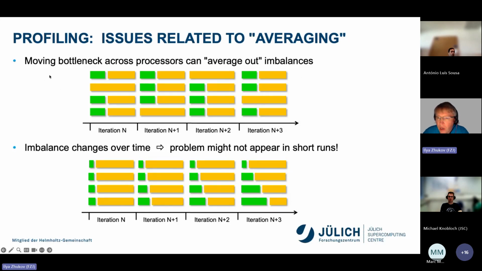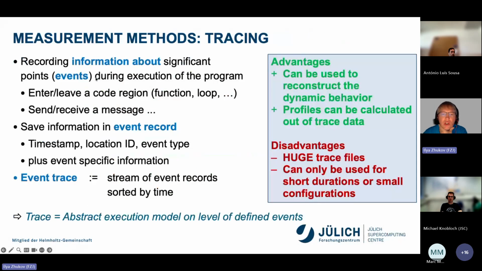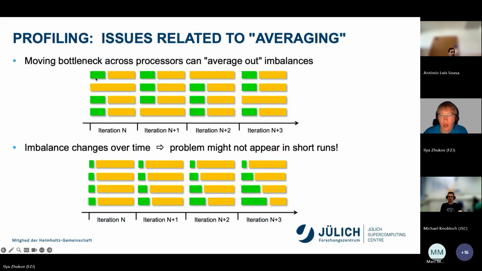Time goes from left to right, and we have multiple iterations. This is iteration n plus 1, n plus 2, n plus 3. And inside of each iteration, we have two different, let's say, functions. Here, the green might be foo and yellow bar.